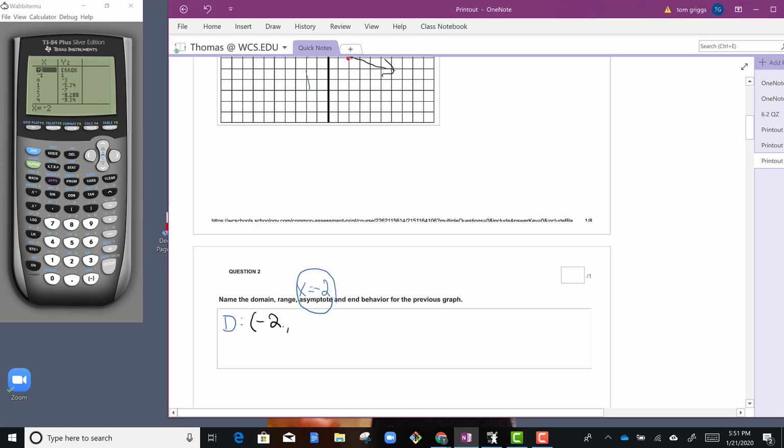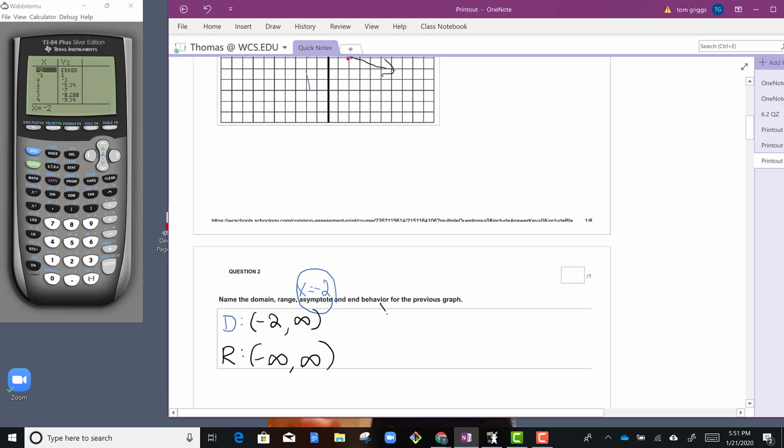And that's because the graph never actually touches -2, and then it's going right forever. So much like exponential, the domain was always all real numbers. For logarithms, since they're an inverse of exponential functions, the range is all real numbers. This graph is going up and down infinitely.